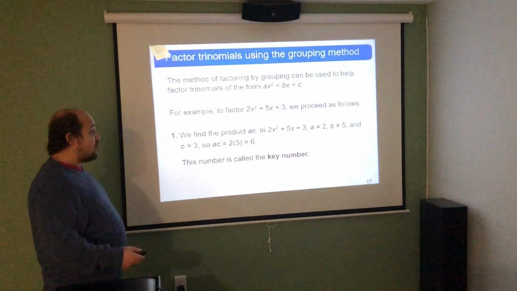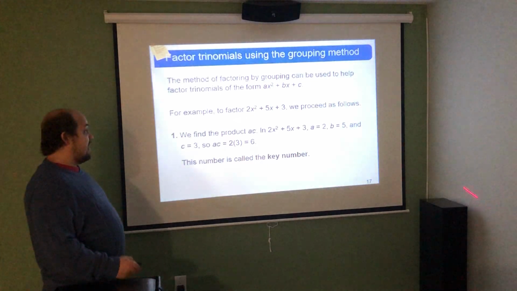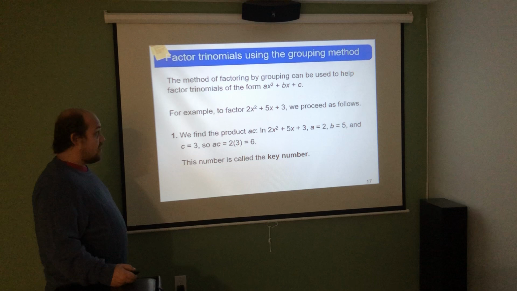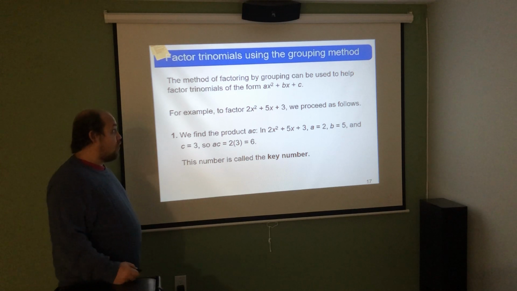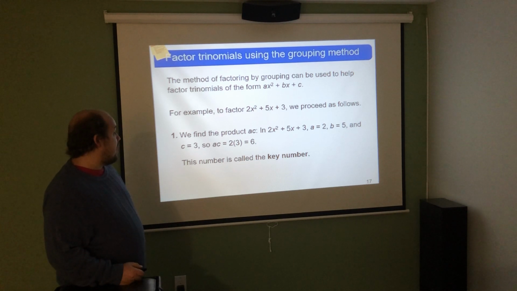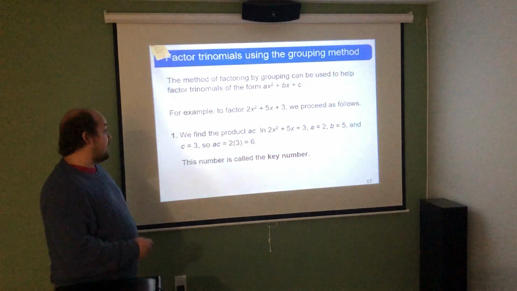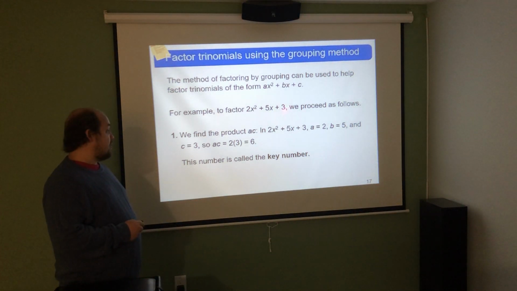That said, the larger idea here of the grouping method is if we start out with something like 2x squared plus 5x plus 3, we want to figure out what we need to multiply to and what we need to add to. So to figure out what we need to multiply to, we take the first term times the last term. 2 times 3 gives me 6, which is going to be my key number for AC.